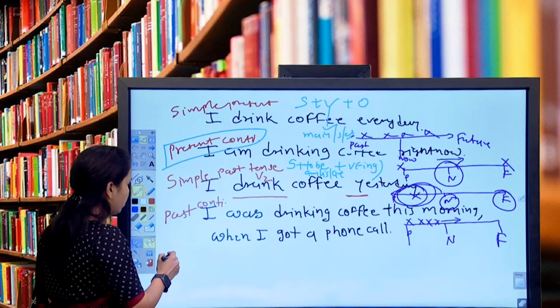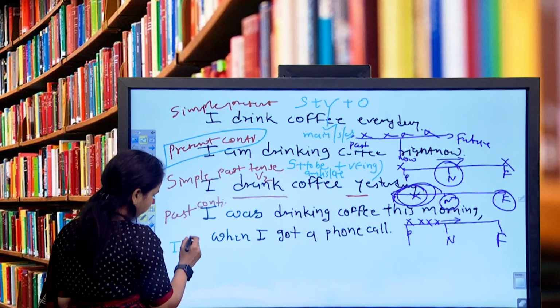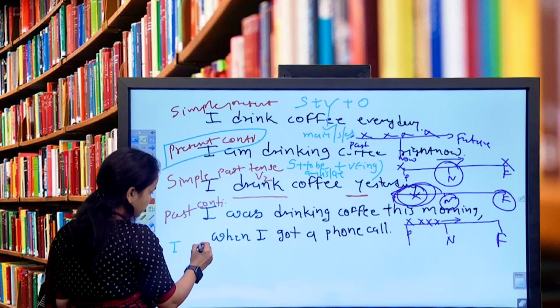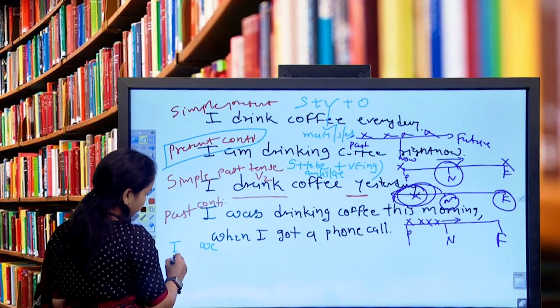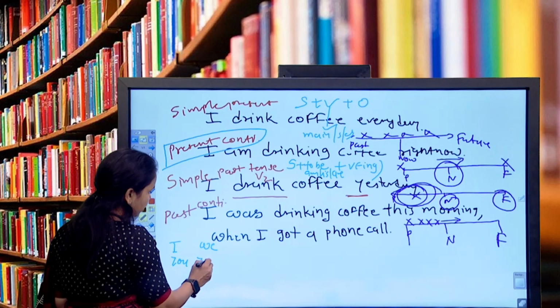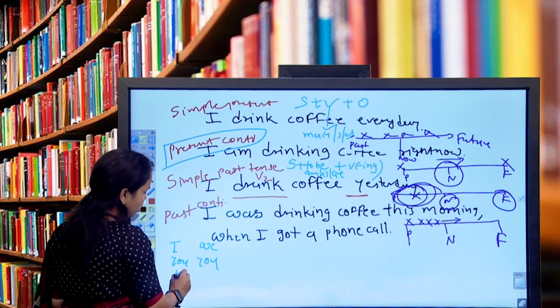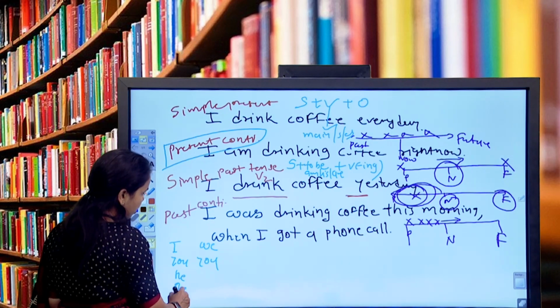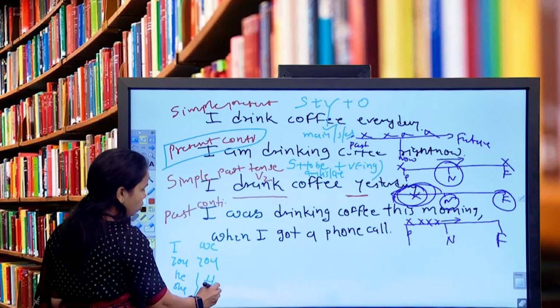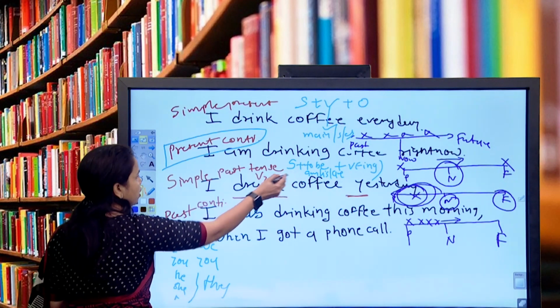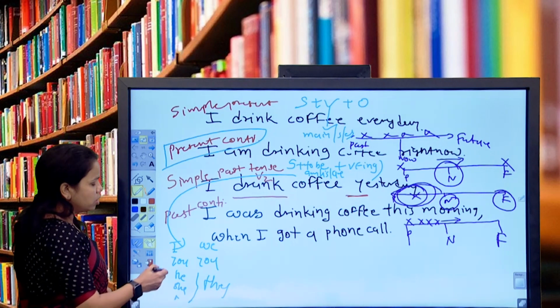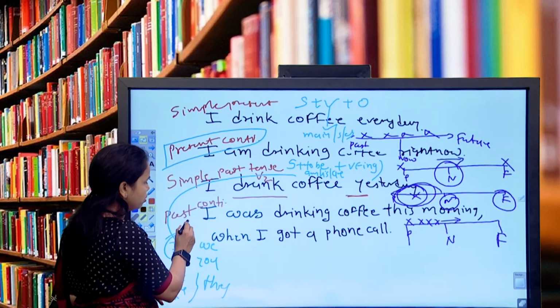We have already discussed this chart: I, we, you, he, she, it and they. So, with I you have to use am.